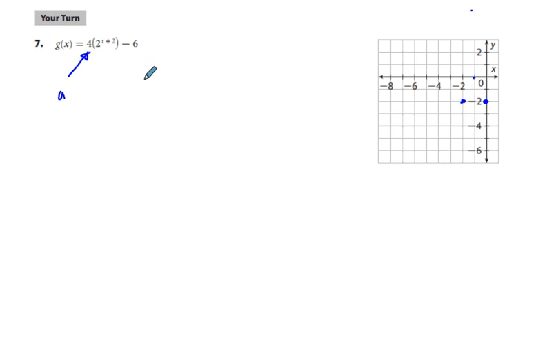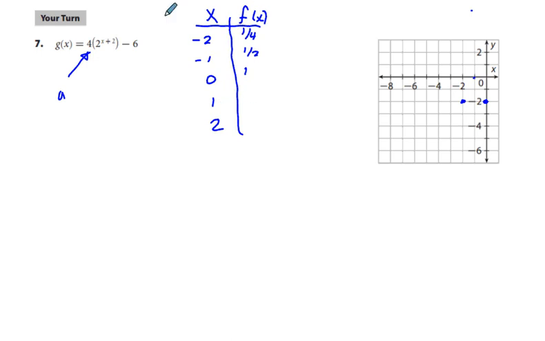What you can do is you can just take this graph that we looked at originally, where we have negative 2, negative 1, 0, 1, 2, and we had this x, f of x, and we have this one here would be 1/4, 1/2, 1. 2 to the power of 1 would be 2 and 4.